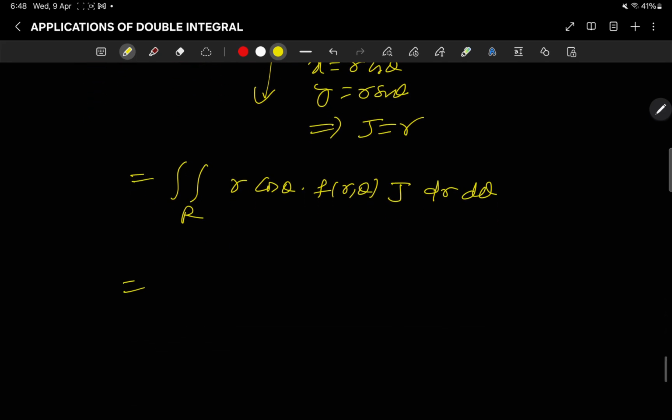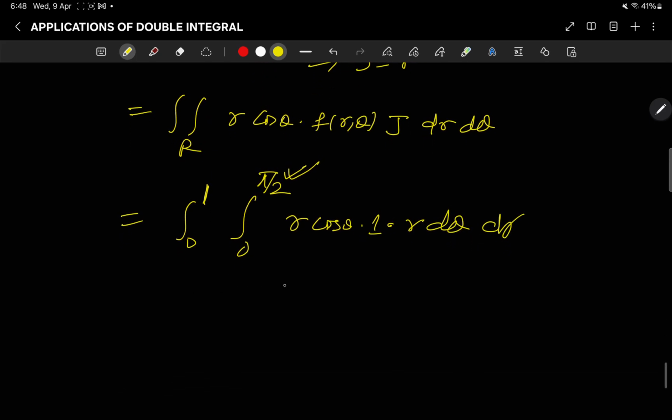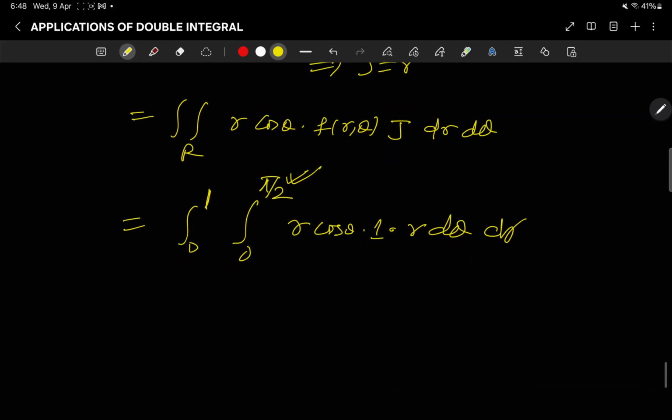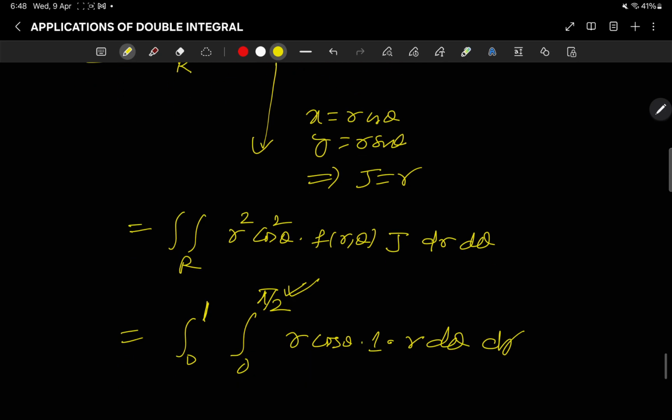So we can write it here 0 to 1, radius, 0 to pi by 2, it is in the first quadrant, r cos theta, f is 1, Jacobian is r, inner limit is r, then theta. Okay, so similarly if we evaluate it, it is your x square, r square cos square theta.